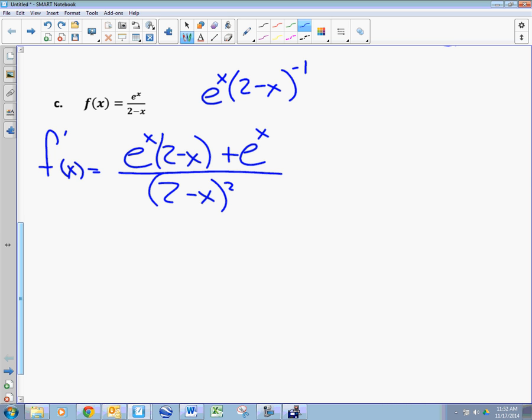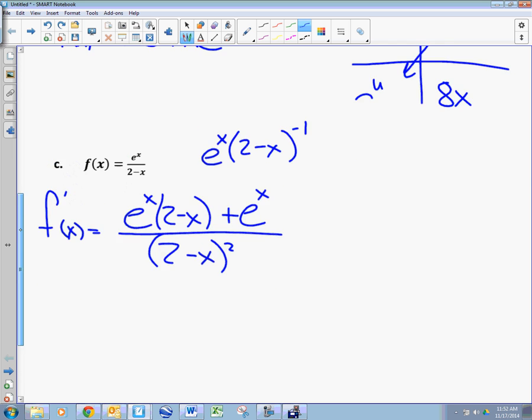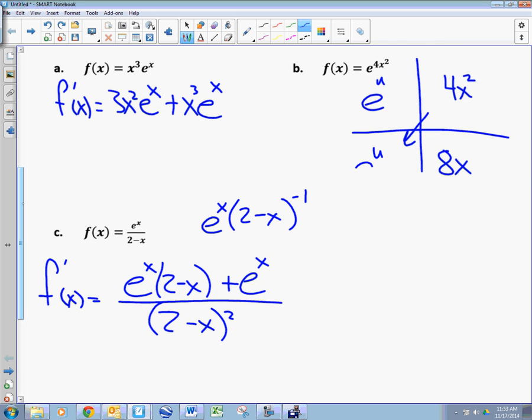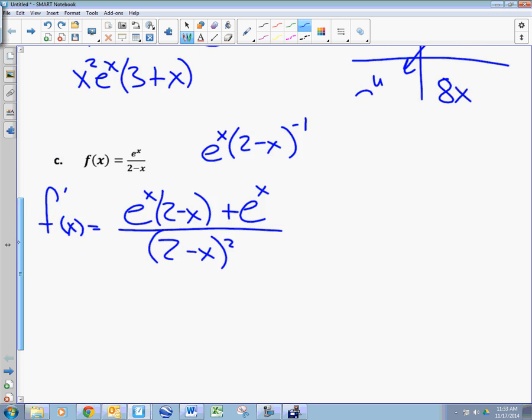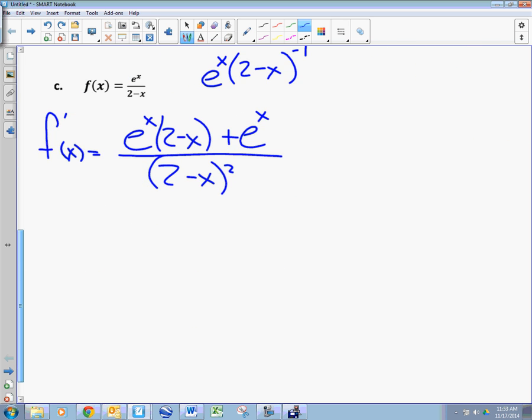Now, before I showed you up above that if you factor out e to the x, you can't combine any terms after you factor it out. I mean, you could factor out an x squared e to the x, and you're left with 3 plus x. If you want to write the top like that, that's fine. Here, if you factor out e to the x, you do get some terms that actually combine.